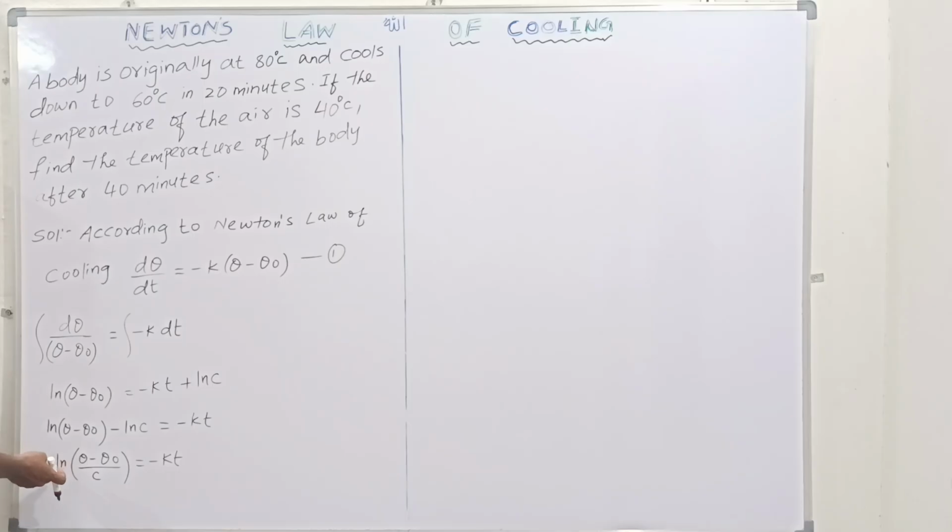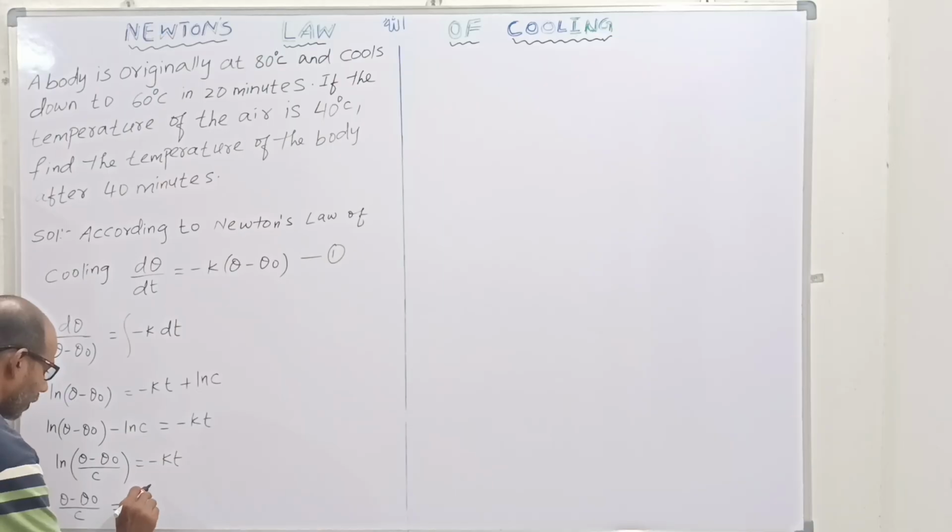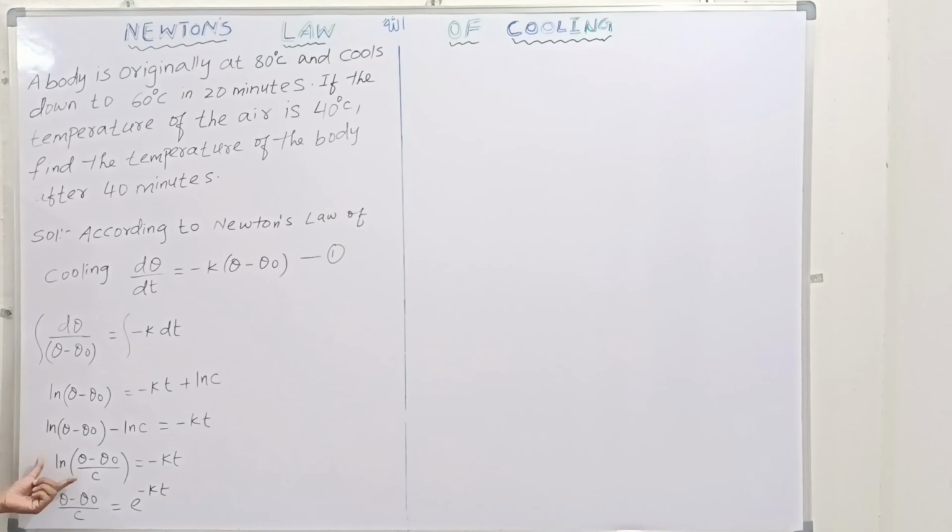The base of ln is e, so we can write theta minus theta naught upon c is equal to e to the power minus kt.